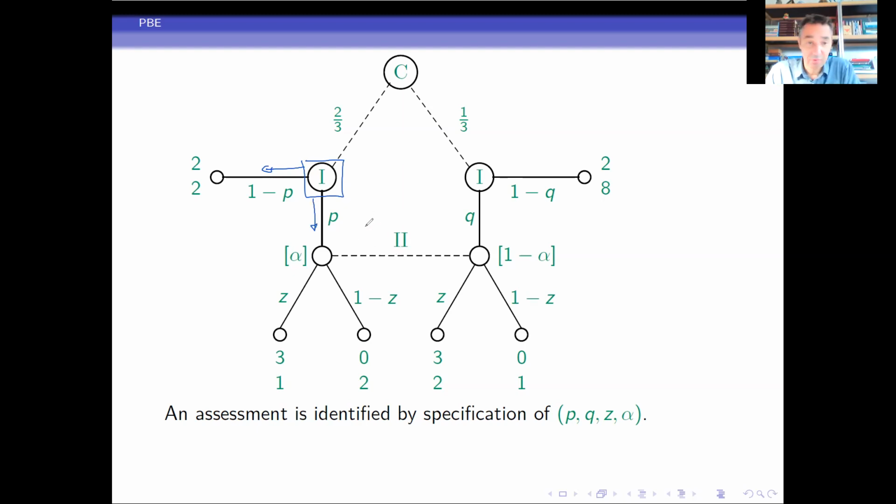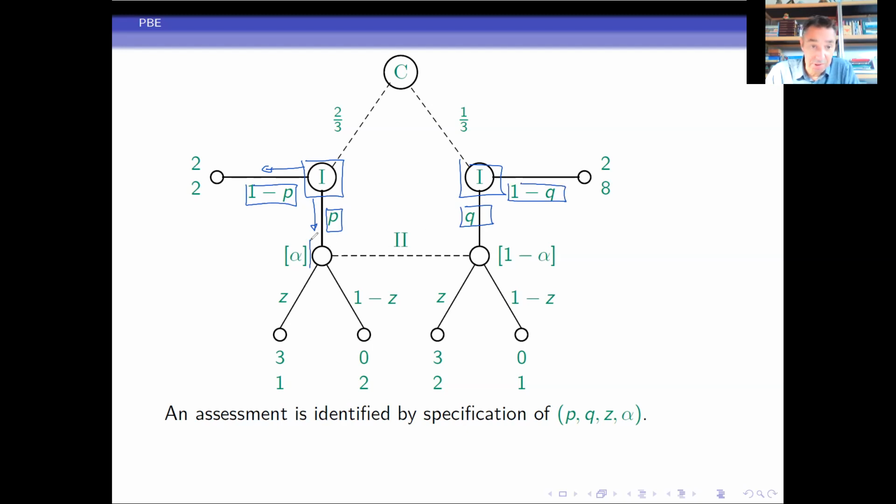Of course, you can just say you have to choose one of the two, but we also allow him to choose to go down with a certain probability P, and to go to the left with the remaining probability 1 minus P. In the same way, on the right-hand side, we've got Q and 1 minus Q.